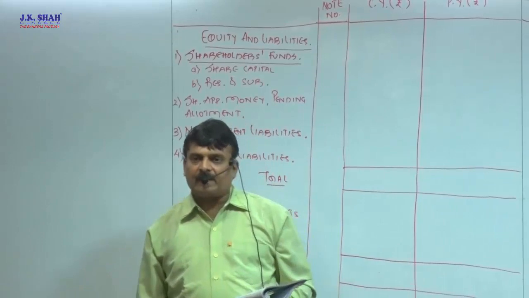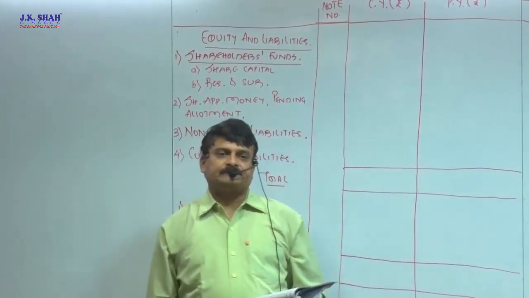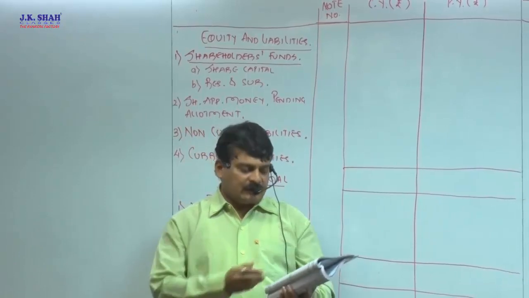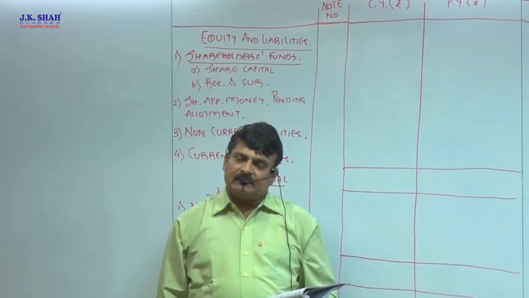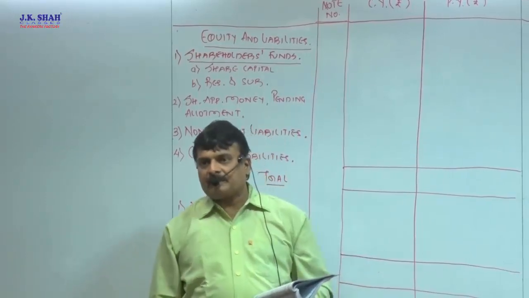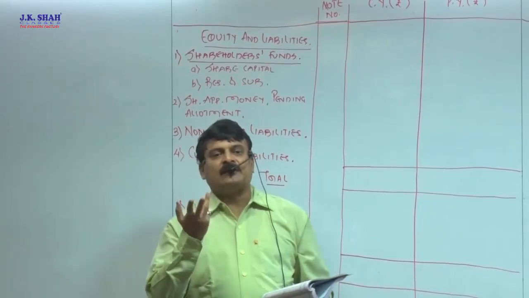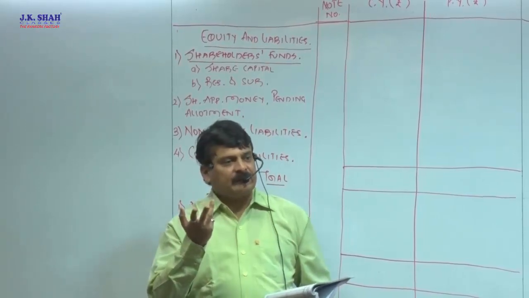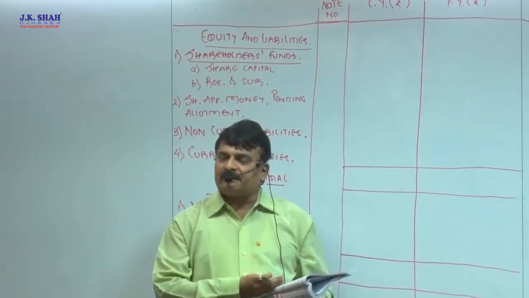And last one, other current assets. Any other current asset which has not come in the previous ones. Examples: outstanding income, prepaid expense. All this will come under the head other current assets.